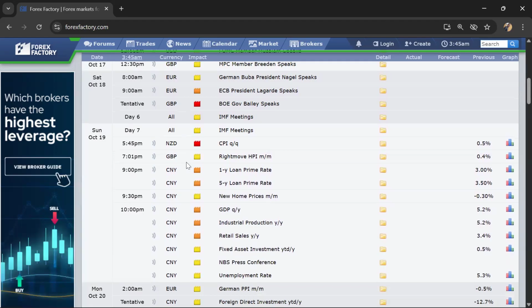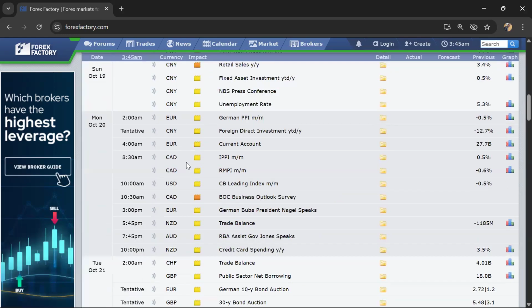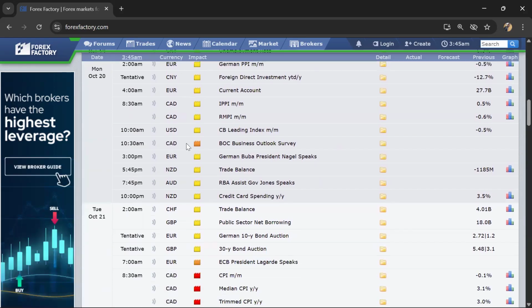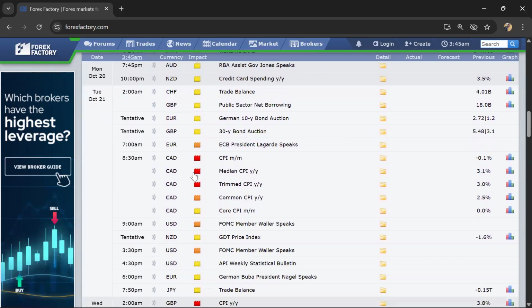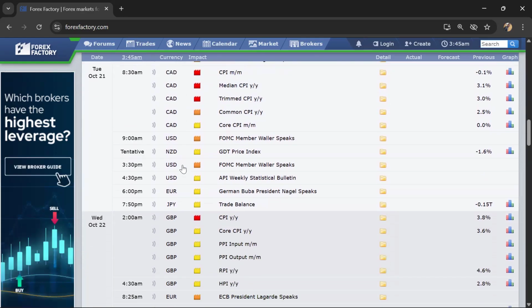So by the next week, Monday, we don't have any good for the news, even on Monday. So Tuesday, we're having the CAD CPI, Canadian dollar, with the USD orange forms event at the New York session.